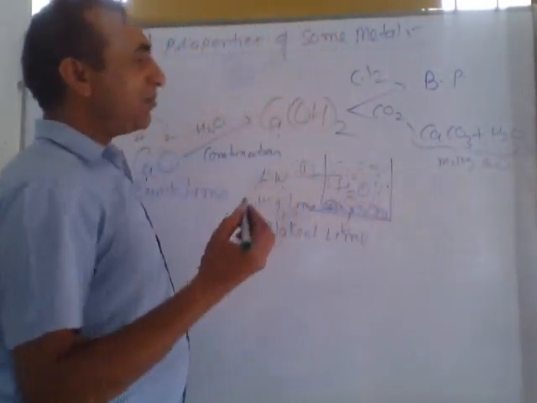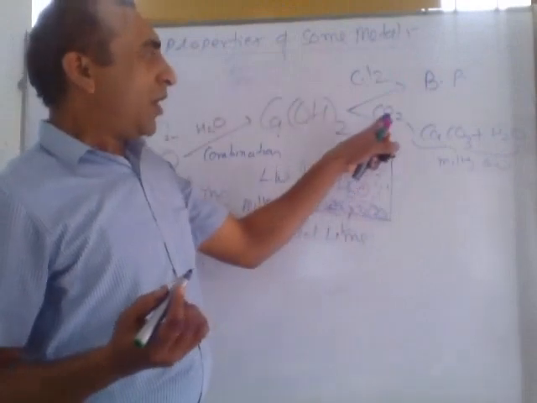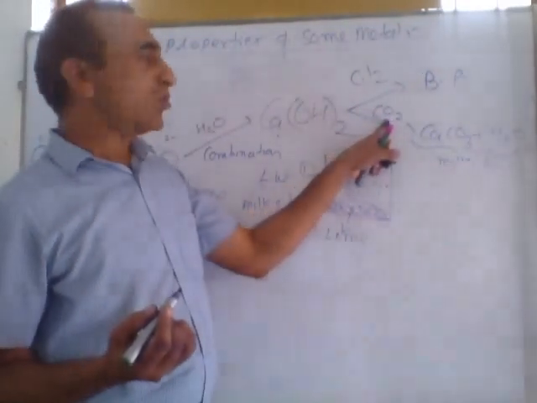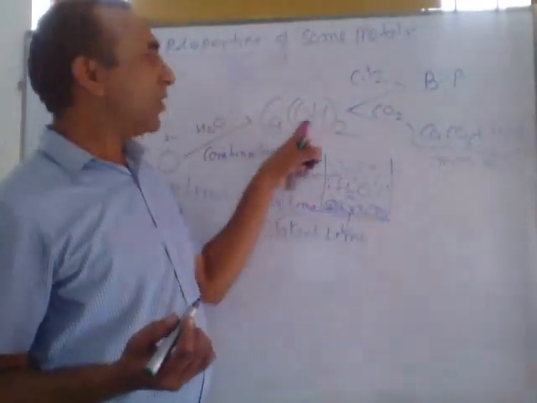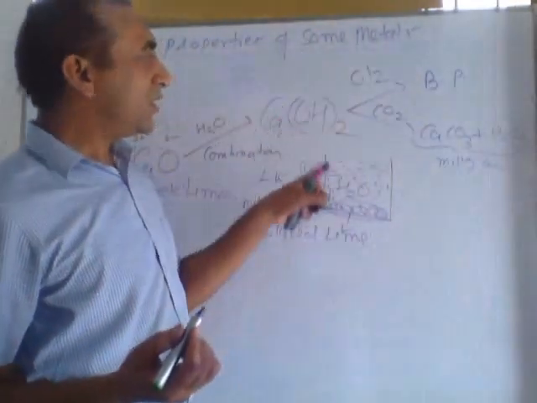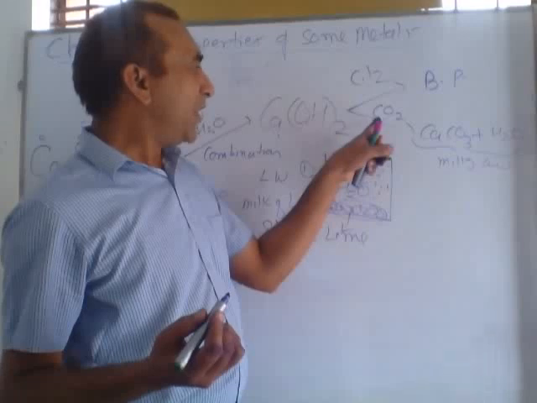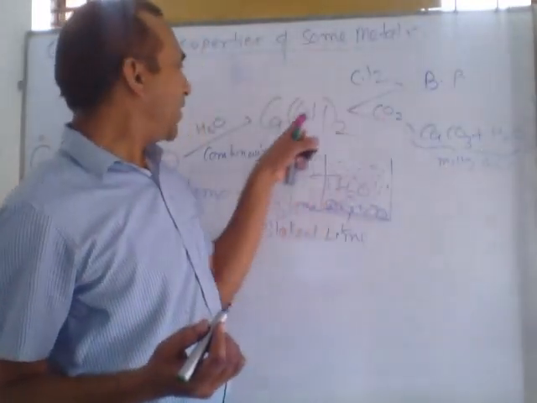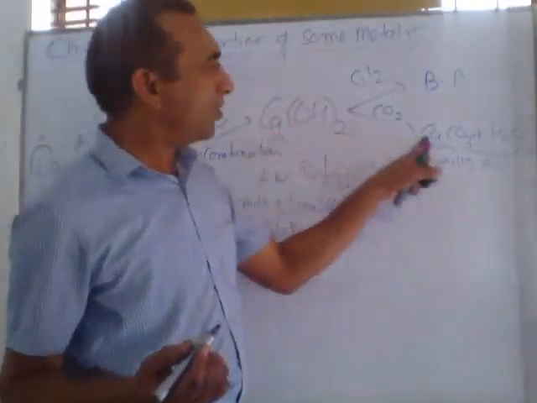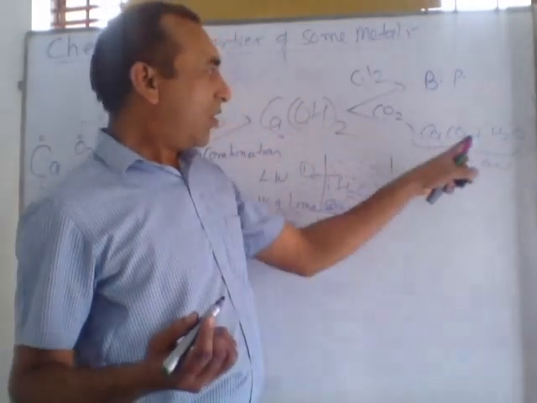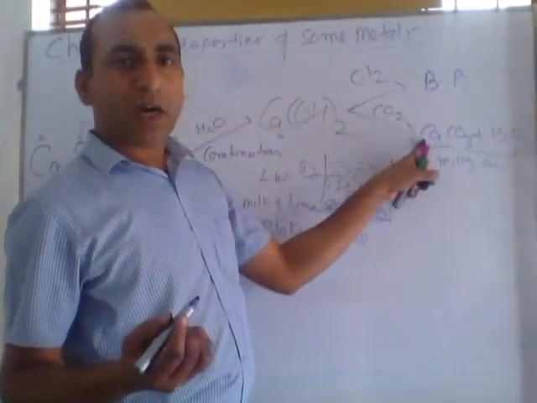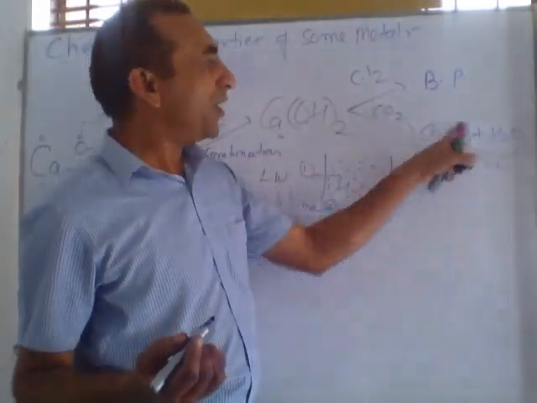So generally in exam papers they ask what happens when we pass CO2 in lime water. This is called the test of carbon dioxide. Carbon dioxide gas, on passing in calcium hydroxide, forms a milky color of insoluble calcium carbonate, which forms as a precipitate in water.